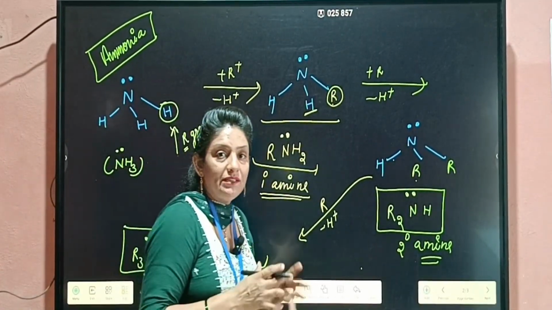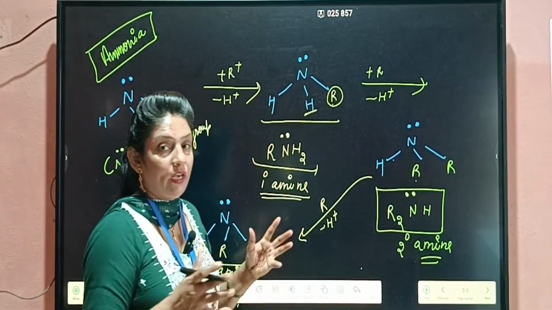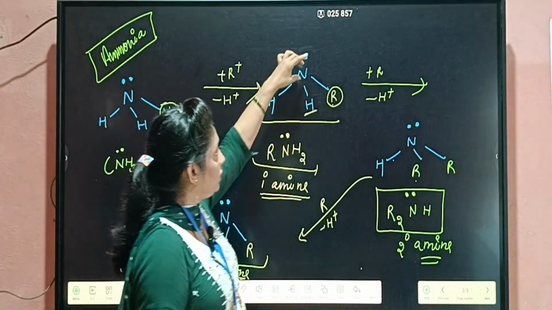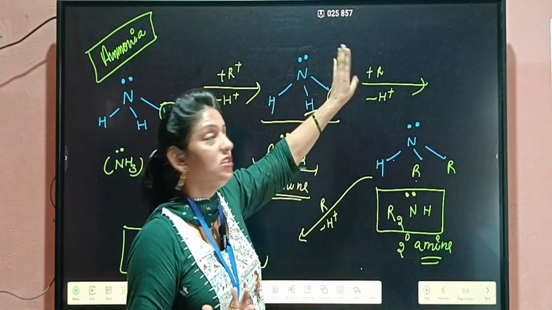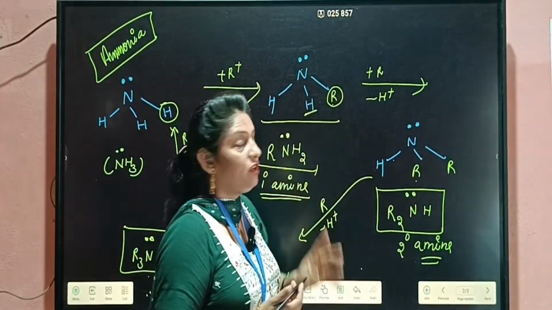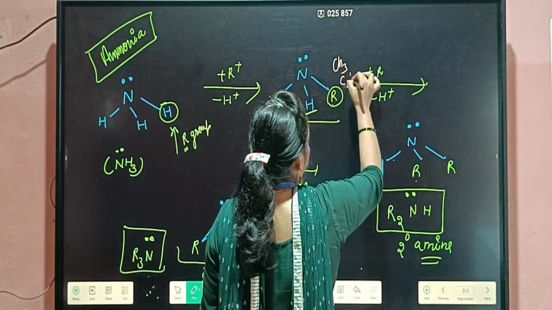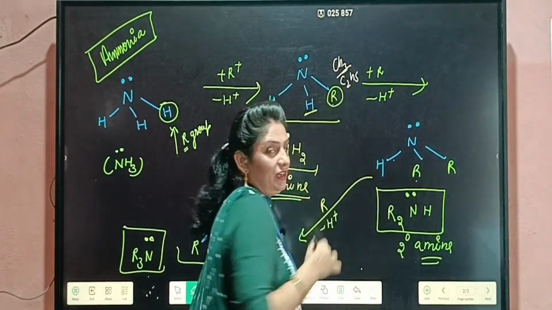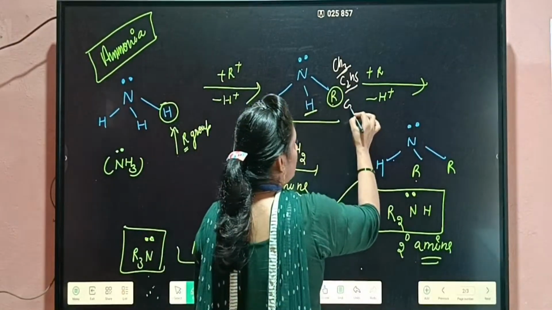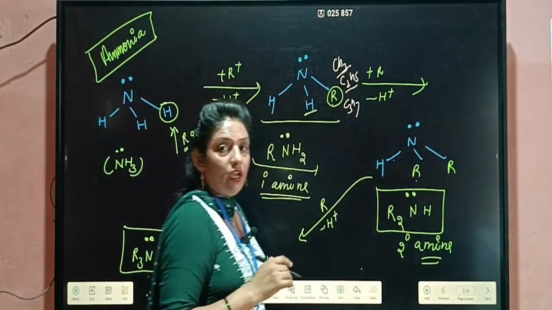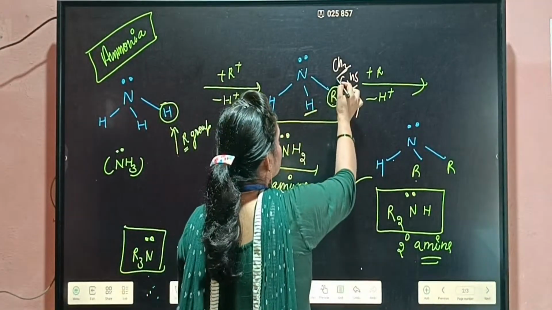Simply, you can learn it like this: if the R group on nitrogen is an alkyl group, meaning the bond of nitrogen is with carbon, it may be methyl, ethyl or propyl. Here the bond is between nitrogen and carbon.